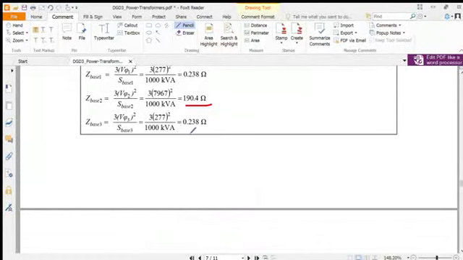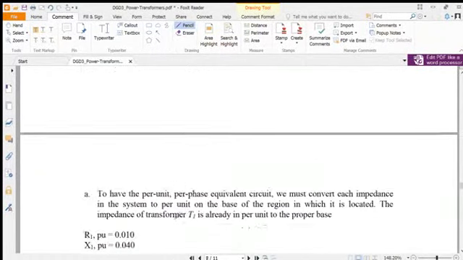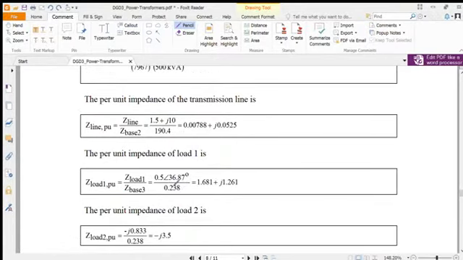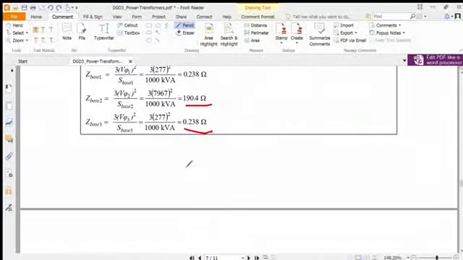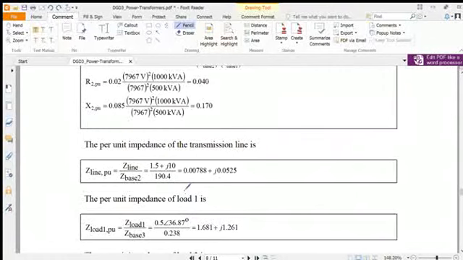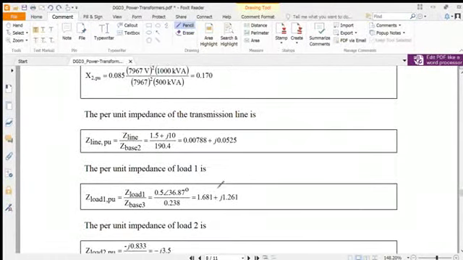So in region 3 the base impedance is 0.238. So the per unit value for load 1 is the actual value divided by the base in region 3, which is 0.238. Okay, we'll get this value.